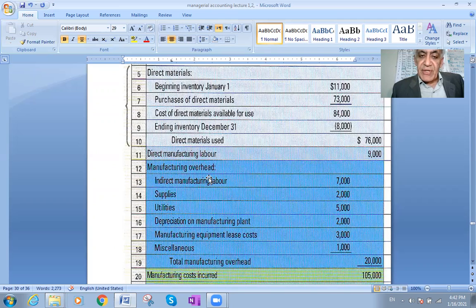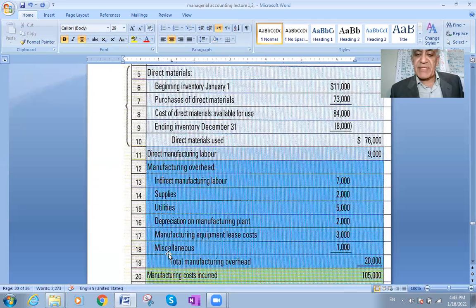Then the manufacturing overhead. Indirect manufacturing, this is 7,000. Supplies, we got 2,000. Utilities, 5,000. Depreciation, 2,000. Manufacturing equipment lease, 3,000. And miscellaneous, for example, very small things like pencils, pens, razors, coffee, or some equipment brought for fixing something.